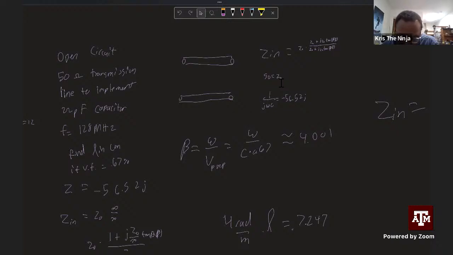So you have 50 multiplied by negative 56.52 j plus j 50 tangent beta L, and then you divide that by 50 plus, well, it would become negative.